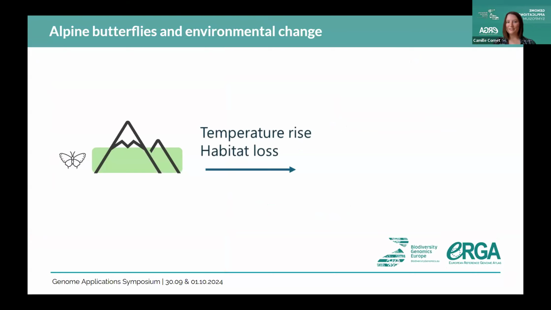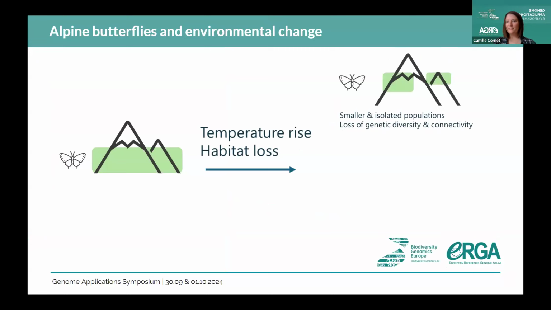You can imagine that if temperature rise and habitat loss happen, in one scenario, this would lead to smaller and more isolated populations as the suitable habitat range goes up in elevation and becomes more patchy and separated by the valleys in between the mountains. So this would lead to loss of genetic diversity and connectivity between populations, and potentially species would become endangered.